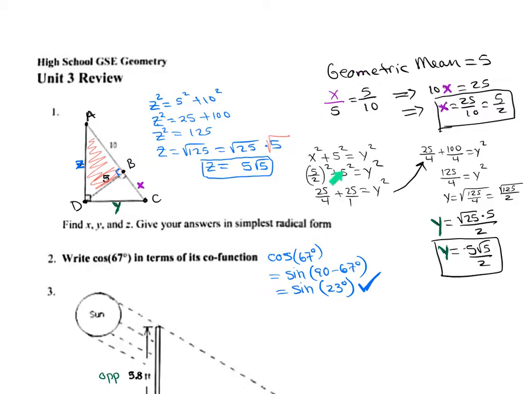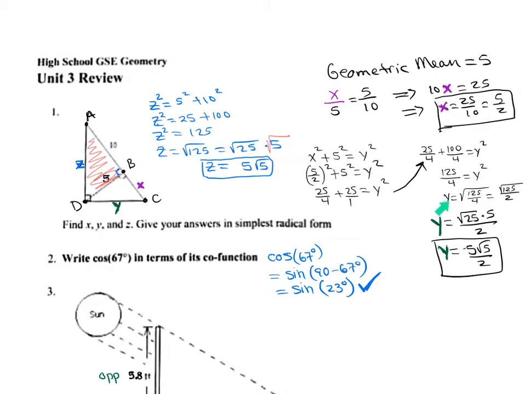And 5 squared is 25, which is 25 over 1. To add these together we need a common denominator, which will be 4. So 25 over 1 becomes 100 over 4. Now we add the two top numbers: 25 plus 100 is 125. So y squared is 125 over 4.